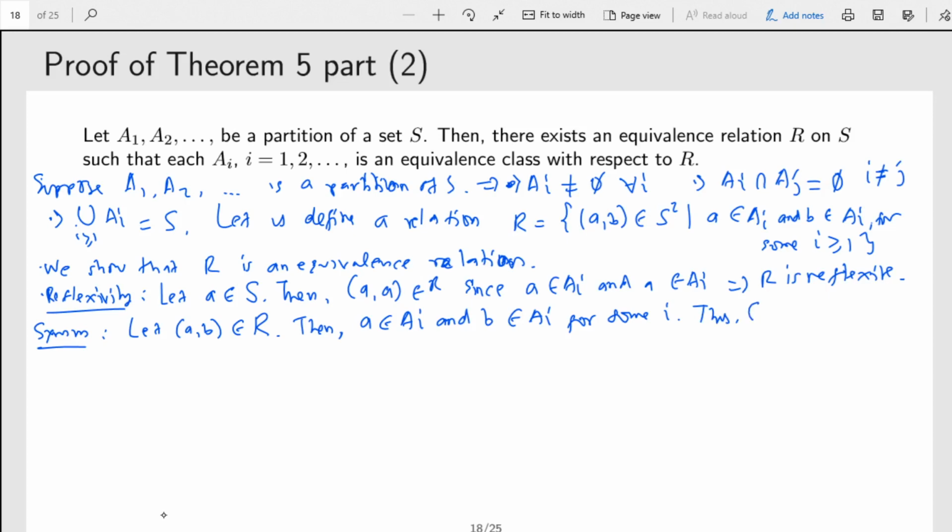So it's clear that B comma A must be in R. So R is symmetric.